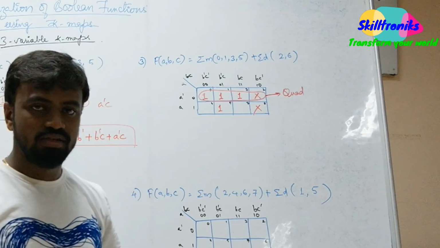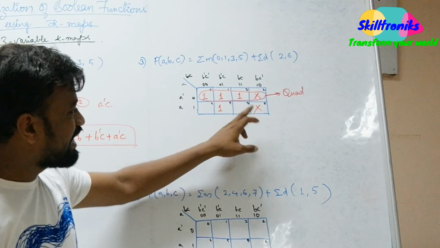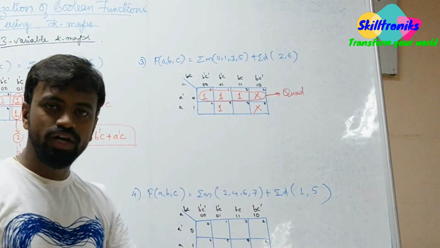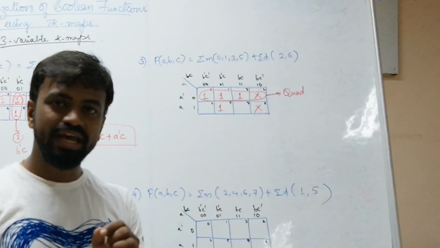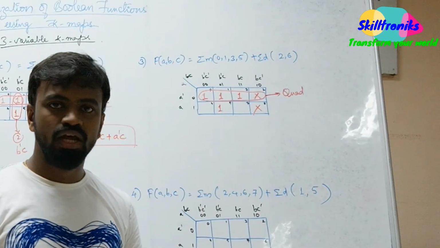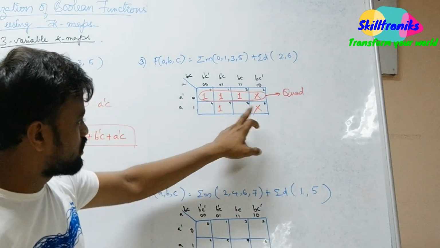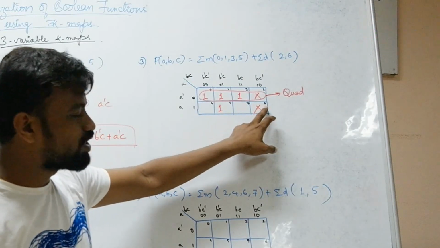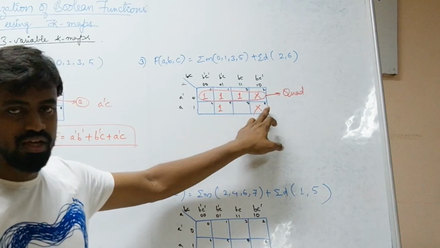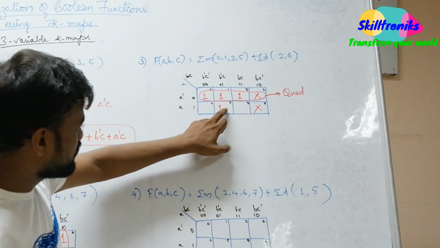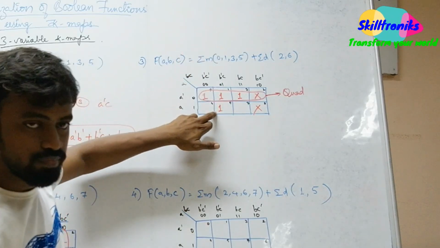People generally make mistakes at this stage, feeling that they have to group each and every minterm. According to the rules of the K-map, while we perform grouping, we should not leave any minterm ungrouped. So according to that principle, as we are having 2 minterms here left out, and these two are not adjacent to each other, we need not consider them together because this one is having some adjacent minterm to this.